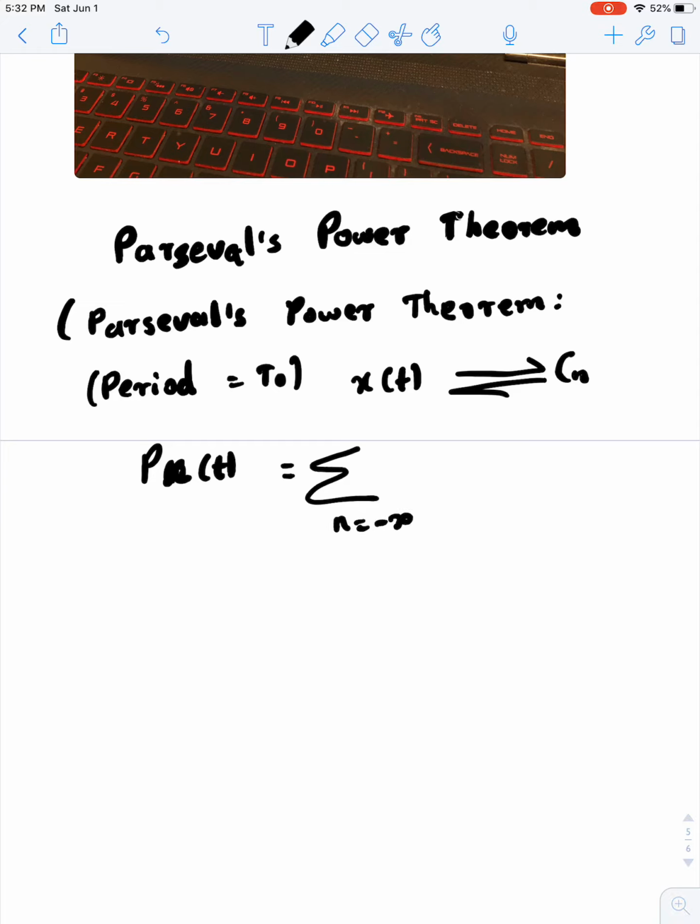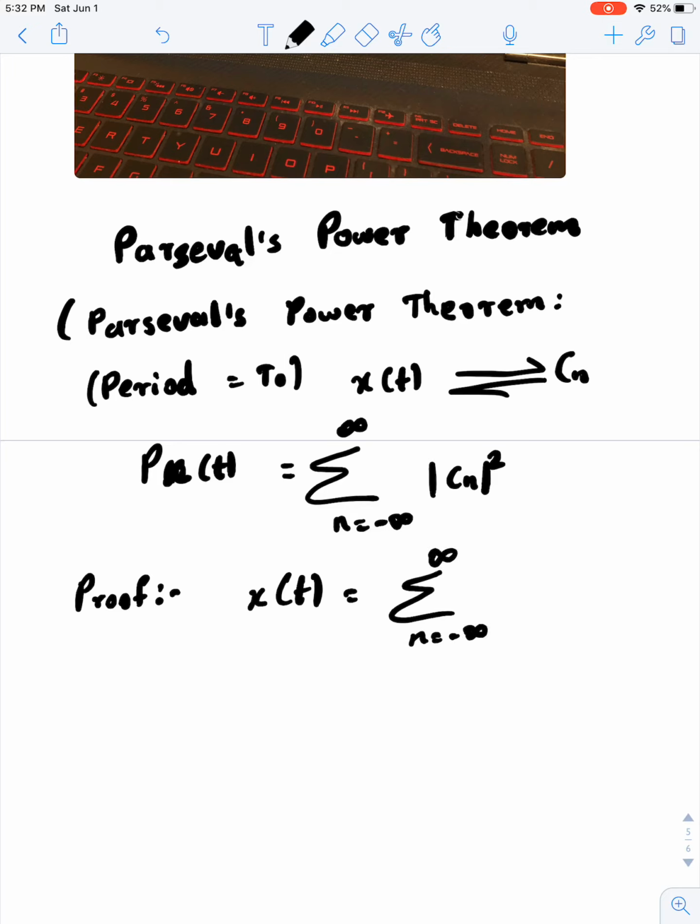Now what will happen if I multiply signal x(t) and signal x(t) conjugate? I will give you one simple example to understand what will happen when we multiply x(t) and x(t) conjugate. In this example, I will assume a complex number z equal to a plus ib.